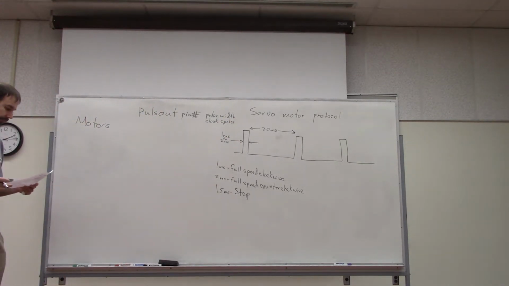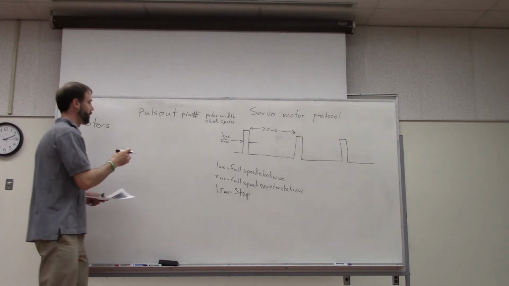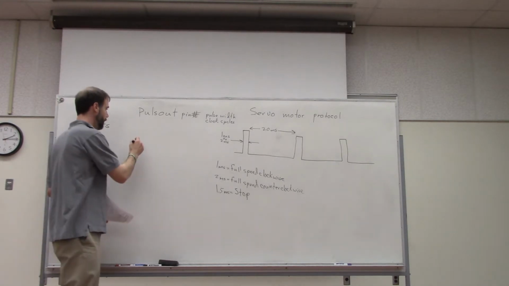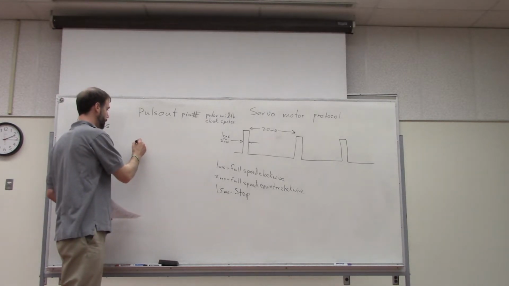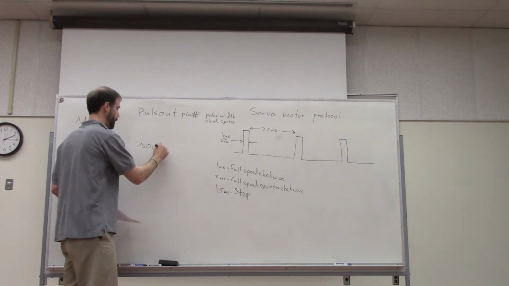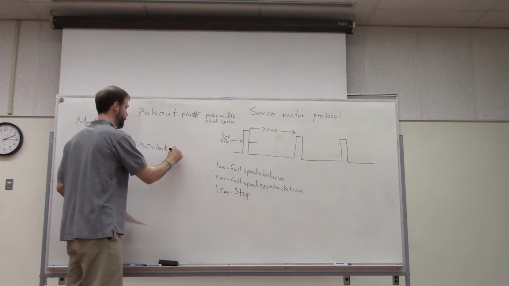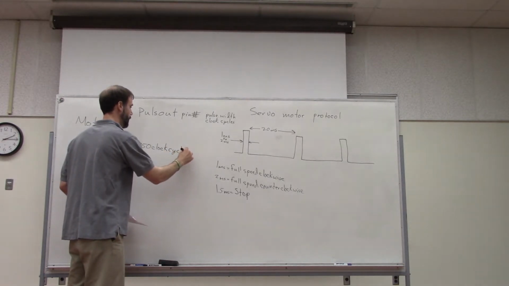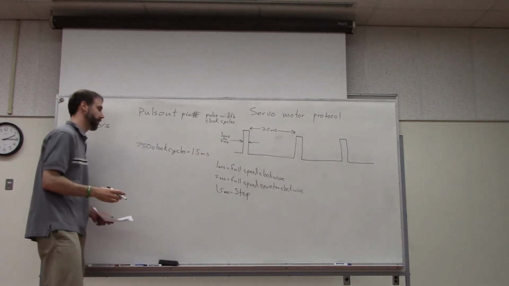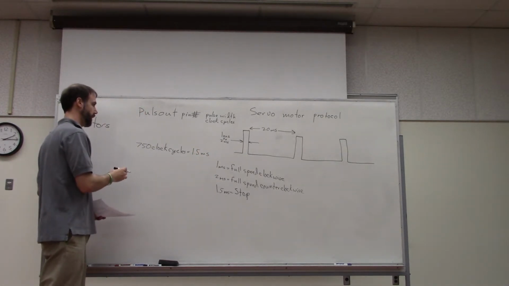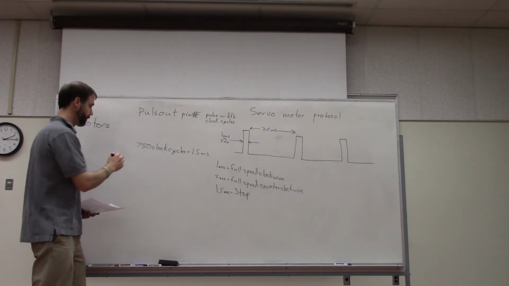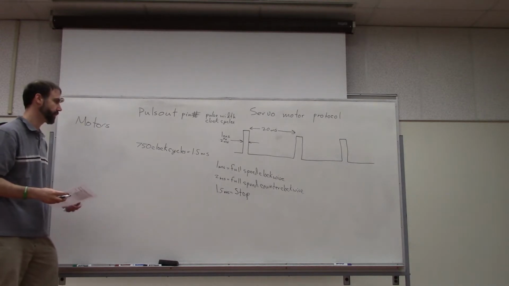So 750 clock cycles equals 1.5 milliseconds. Okay. That's the way that it works.